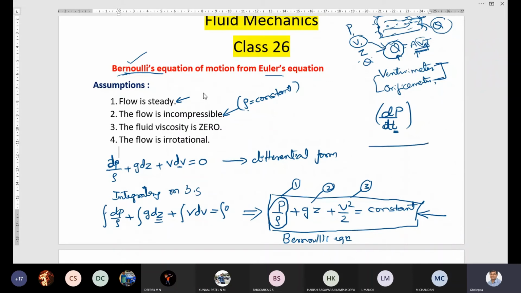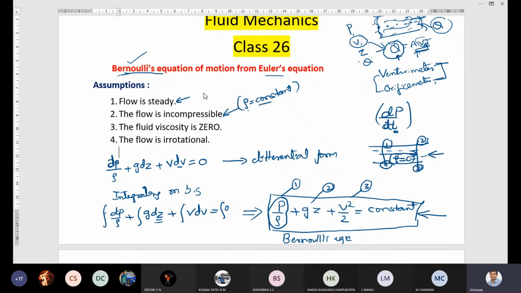If you consider one pipe, some fluid is flowing through this pipe, and you have taken section 1 as inlet, section 2 as outlet, and you applied Bernoulli's equation between these two sections. So between the two sections, density is constant. The density of the fluid is not changing. So you take rho as constant.